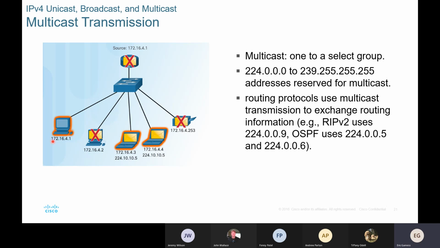As source IP address, it will put its own IP address. And as destination IP address, it will put the IP address of the multicast group, which is 224.10.10.5. So this will arrive at the switch. And if the switch is modern, a little more intelligent than the old switch, it will just forward it to these two devices because they did subscribe.